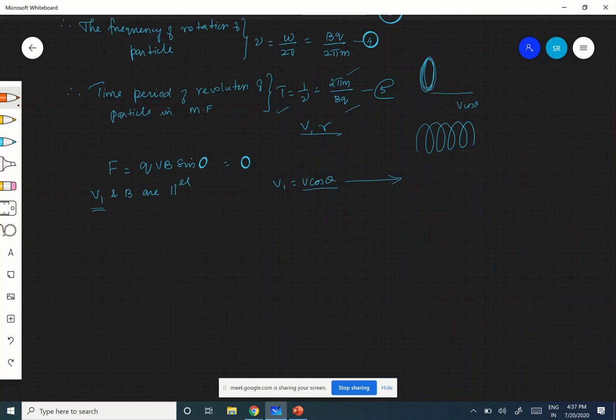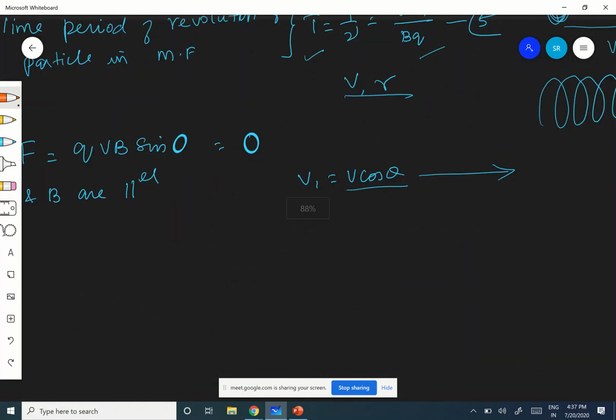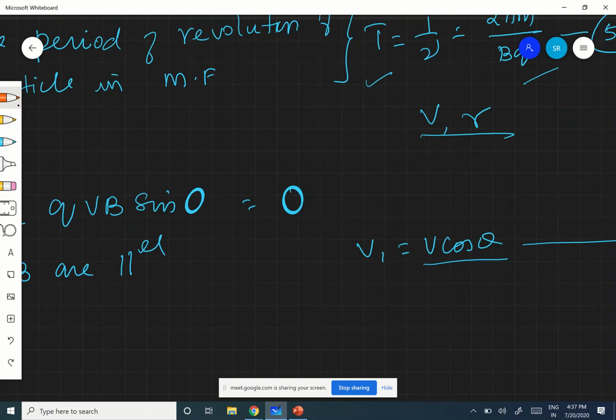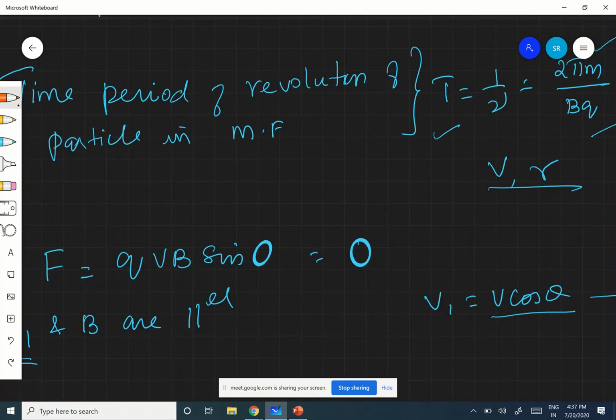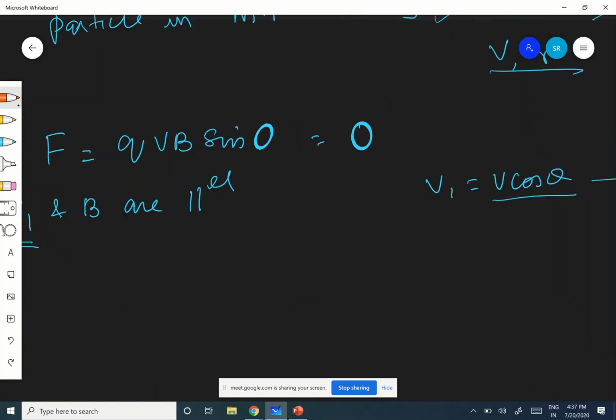So here, what is the time taken to complete one circular path? T is equal to 2 pi m by bq, no? In the same time, by the time the particle completes one circular path, what is the linear distance traveled by the particle? At the same time, it is traveling in a linear path also, no?